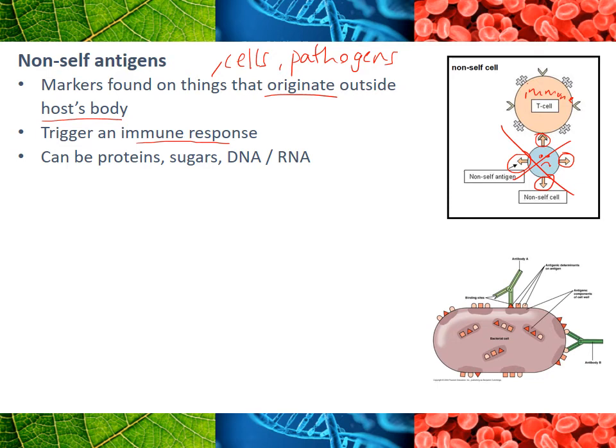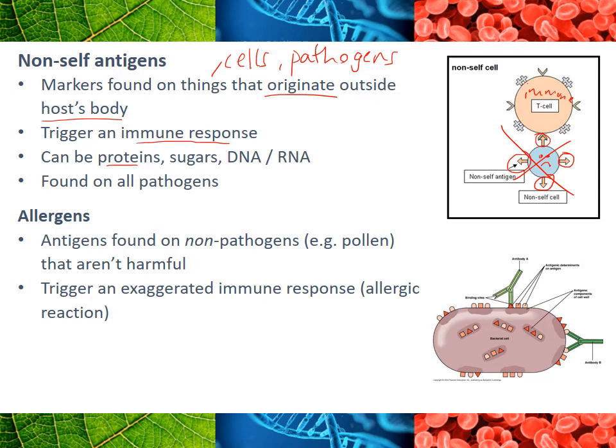Non-self-antigens are often proteins, but they can also be things like sugars or genetic material. And they are found on all pathogens. So a really important thing about immunity is that our body can actually recognize things that shouldn't be there.